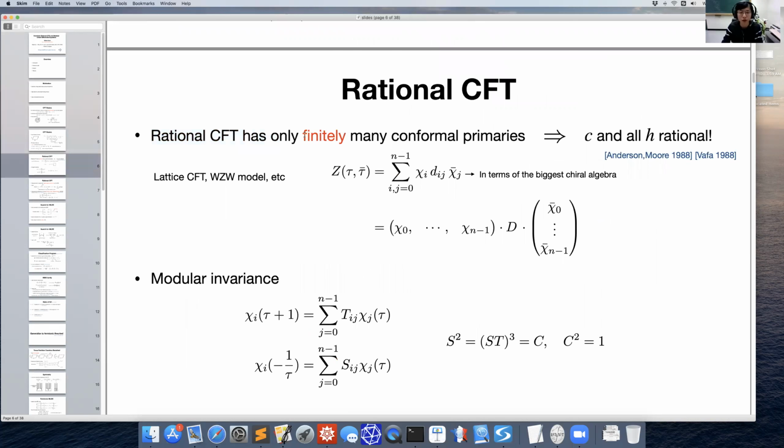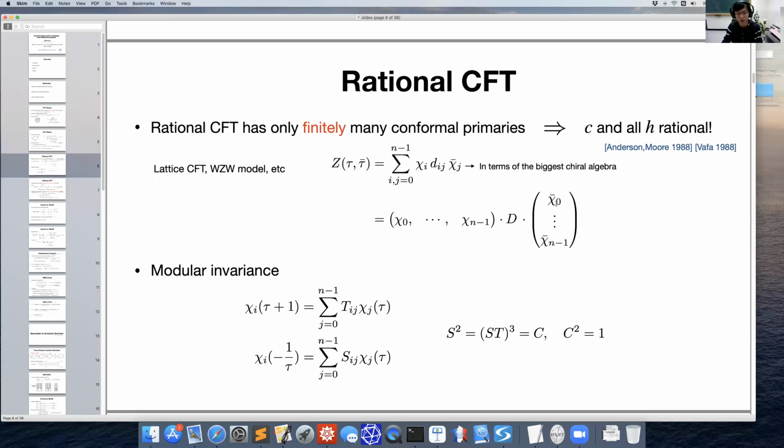And actually, this condition is enough to show that the c and all the conformal weights are rational. This is a very powerful result, already known a long time ago. Some examples of rational CFTs could be lattice CFTs or WZW models. And then I can write the partition function in the following way, because we have only finitely many conformal primaries. I can express it in terms of a vector times D times the characters.